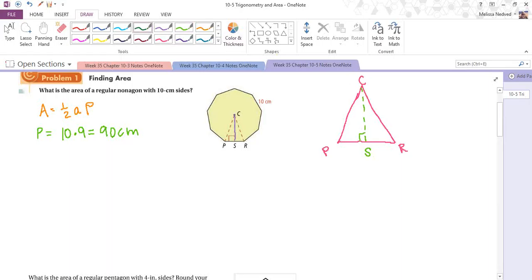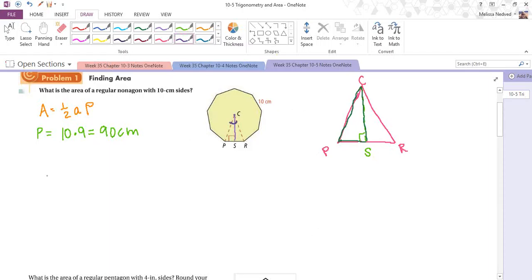Now, I'm going to look at just half of this triangle, and I'll highlight it in dark green. Let's look at CPS. I could look at the other half if I wanted to instead, CRS. It doesn't matter, but I'm going to look at this left-hand side. And I'm going to start by finding the angle measure of this top angle, PCS. And this is what we did in section 3. I'm going to begin by finding the angle measure of the whole pizza section.